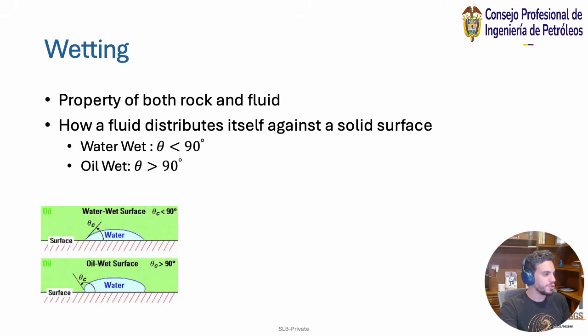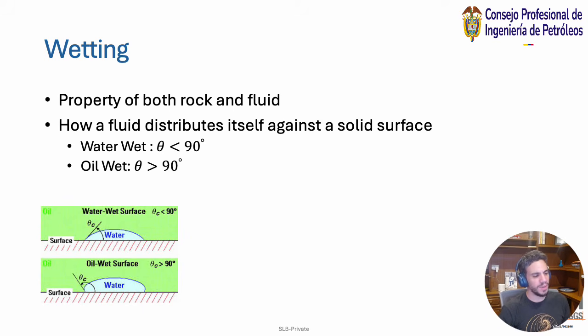Another important term is wetting or wettability, and this talks about surface tension and interfacial tension, but it is a property of both the rock and fluids, and it is how a fluid distributes itself against a solid surface. There's this arbitrary categorization where we say something is water wet if the angle between the surface and the fluid is less than 90, and it's oil wet if it's greater than 90, right?